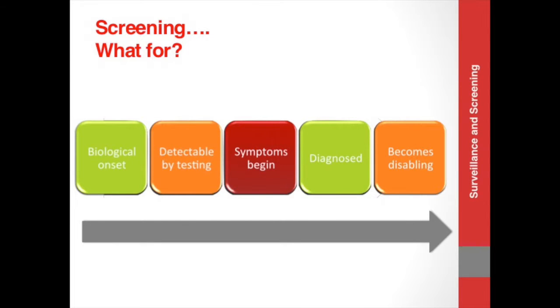Now we're going to talk about screening, and before we do so, I would like to make a quick review of some key steps in the natural history of diseases to understand what screening is good for.